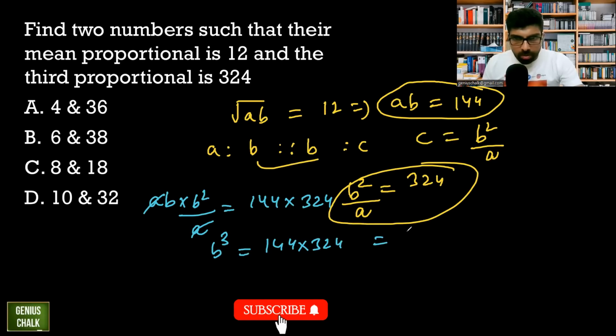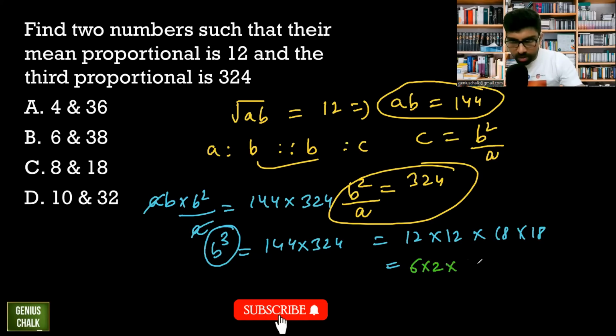So this I can further break 12 into 12 into 18 into 18. Now I need to break this so that it's a perfect cube, right? So let's try to break it now. It is 12, so let's try to break it more. That is 12 into 12 that I can write is 6 into 2, 6 into 2.